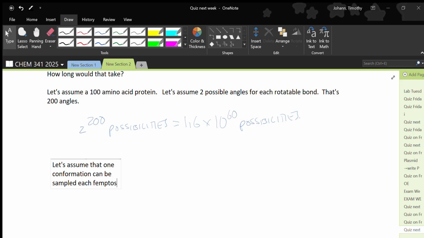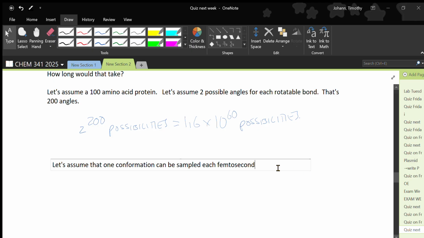I love spell check. All right, so let's assume that we can sample one each femtosecond. That's way, way too fast, possibly a million times too fast, possibly more than that.